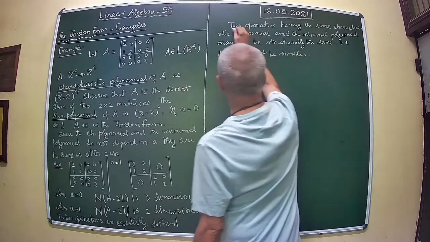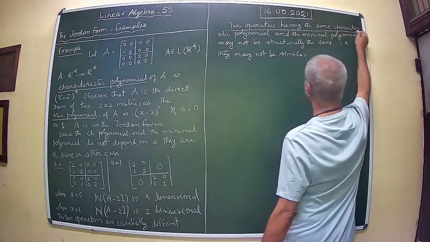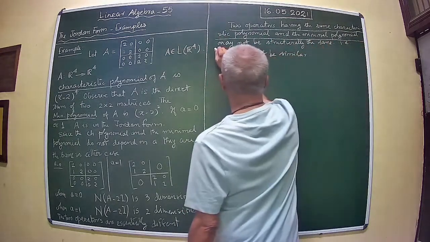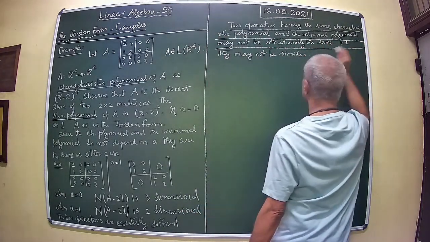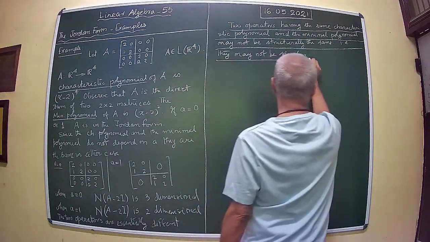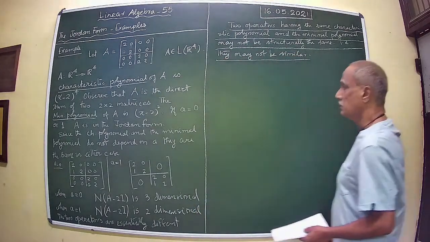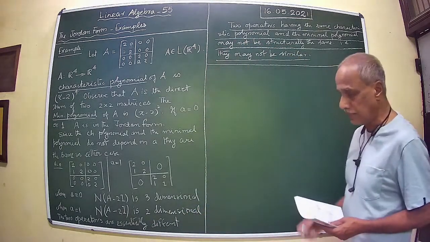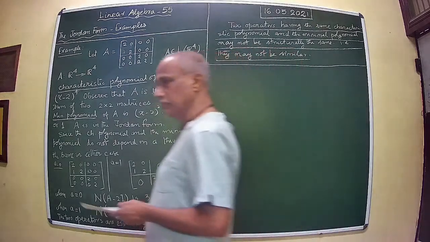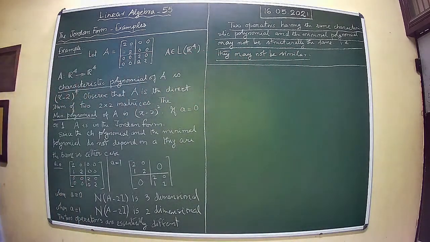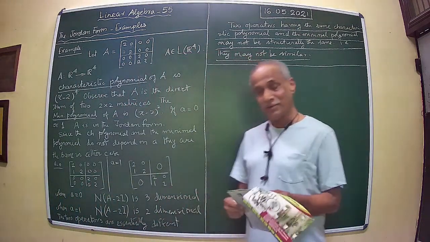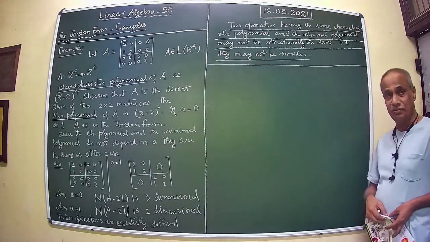Now this is one of the inferences that we make out of this particular example. It gives some insight into the structure of operators. So just by verifying that the characteristic polynomial and the minimal polynomial are the same does not imply these operators are similar.